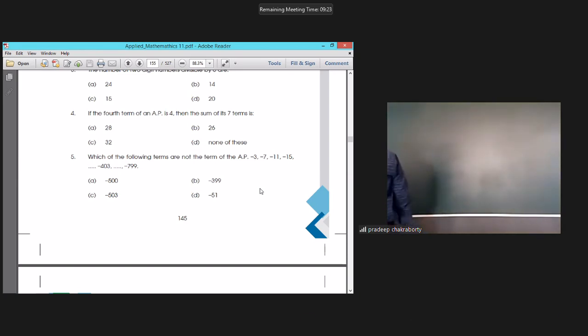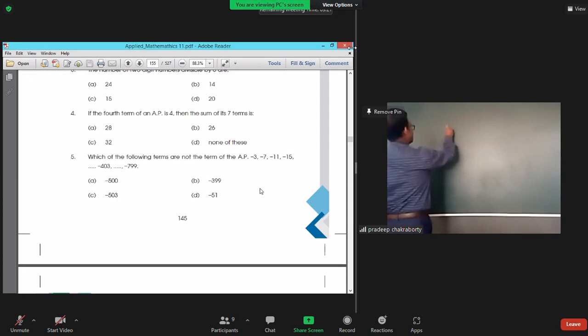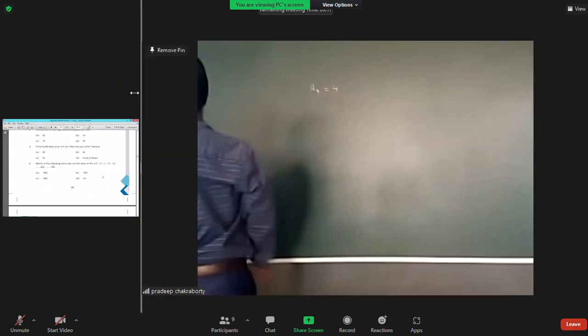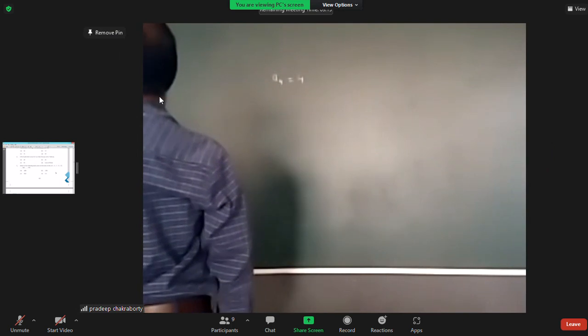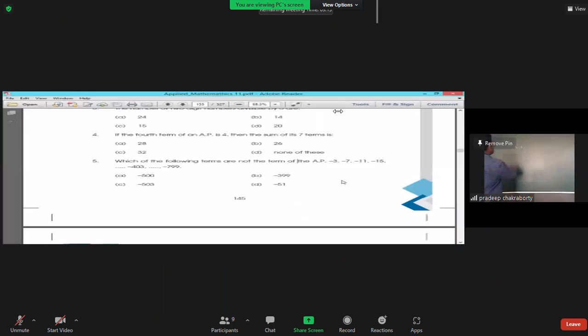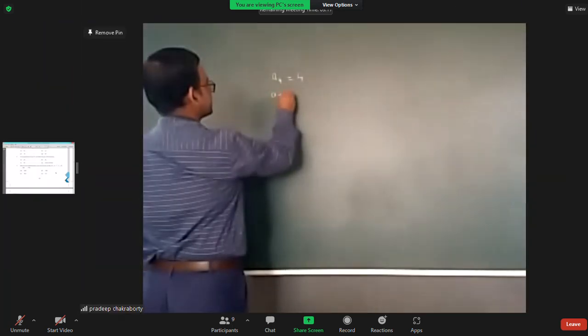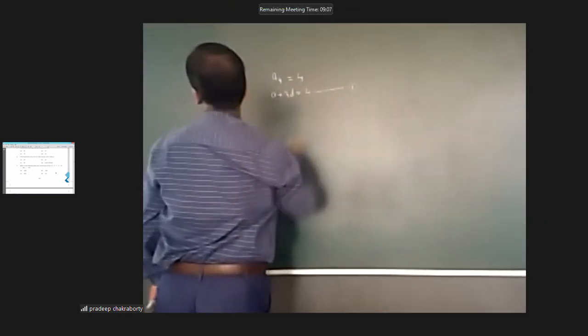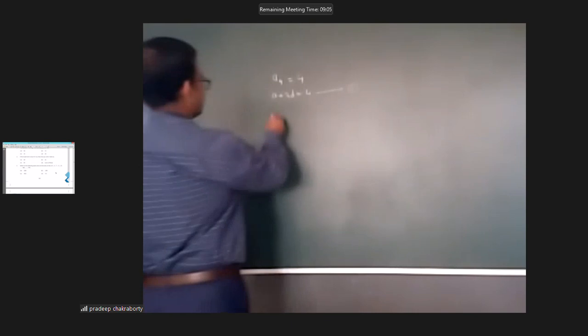So the fourth term, it is given A4 is 4, and we need the sum of its 7 terms. A4 is 4, it means that a plus 3d is 4. So that is equation 1. Now we have to find the sum of the 7 terms, means S7.